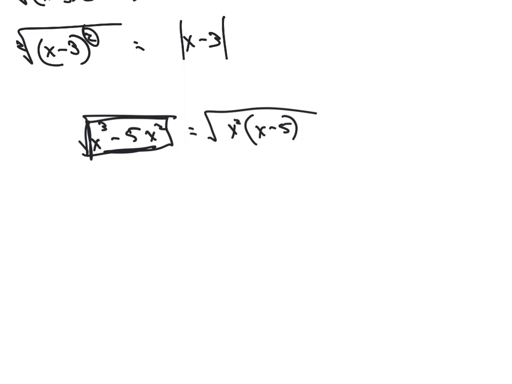So the square root of x squared, I'd pull this out and make it an absolute value, and then I'd have x minus 5 left in the radical sign because I didn't do anything to simplify that. There's no exponent on this in order to take it out. But because 2 goes into 2 once, I can pull 1x out, but I have to put the absolute value sign on there to show that this number is automatically going to be positive, because it had to be positive under there.